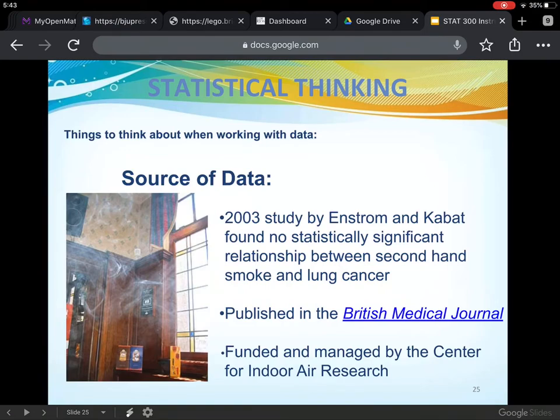It was published in the British Medical Journal. That's big. And it's funded and managed by some Center for Indoor Air Research. So these pieces of information seem to be legitimate in making this claim. So first of all, between secondhand smoke and lung cancer, there's no significant relationship. That's counterintuitive. Well, who paid for this?